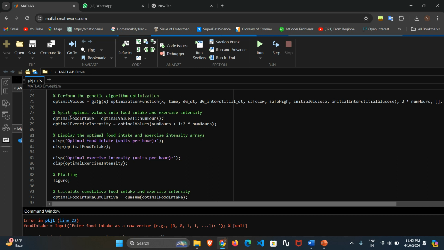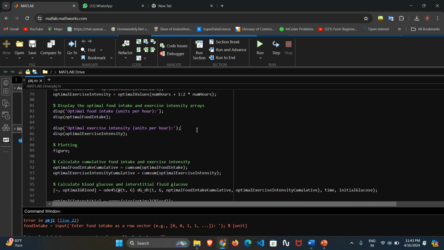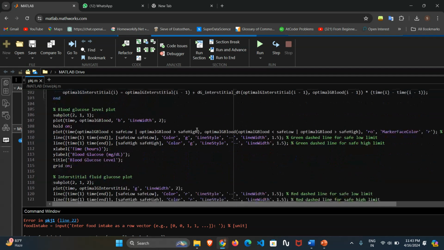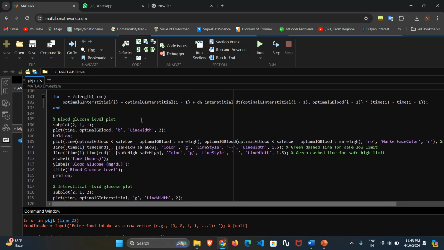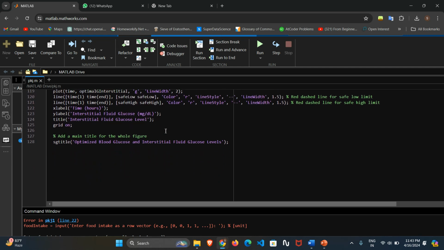Here comes the optimal array of food intake and the optimal array of exercise intensity, which we have to take to keep the glucose level and interstitial fluid glucose level in the safe range. After that, we plot the glucose level and the interstitial fluid glucose level, so that it comes in the safer range.